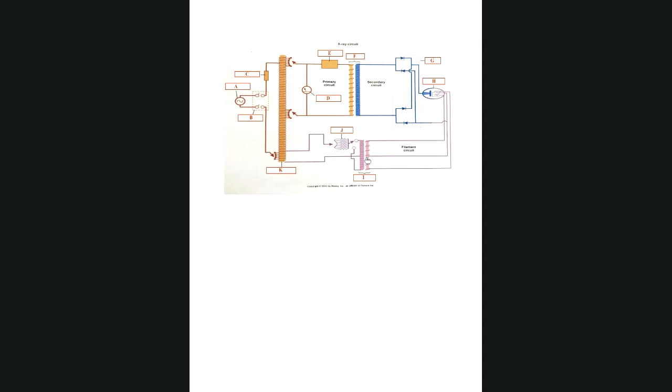Okay, the quality is the energy of the beam. Potential energy, that sounds like kV, voltage to me. So it's the quality, the penetrability, the energy of the X-rays that we're going to produce.